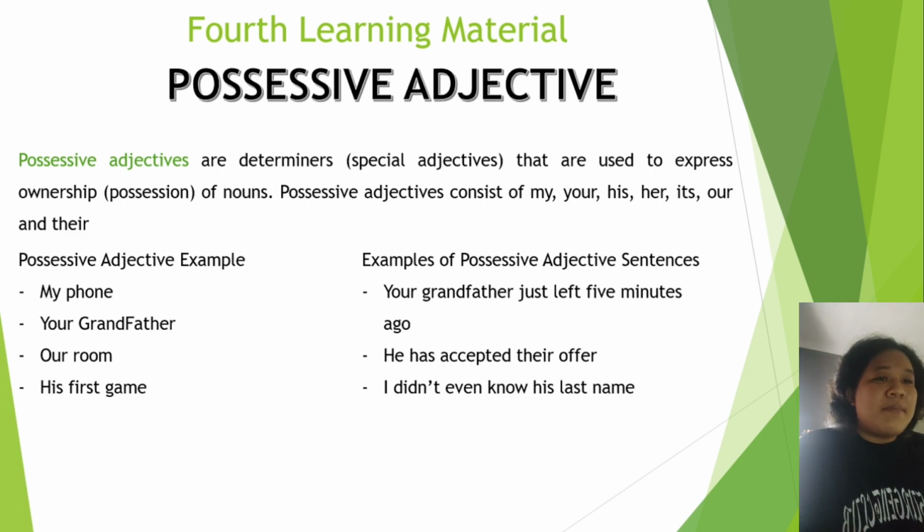Possessive adjective is simple: my phone, your grandfather, our room, his first game. Example of possessive adjective sentence: your grandfather just left 5 minutes ago. He has accepted their offer. I didn't even know his last game.